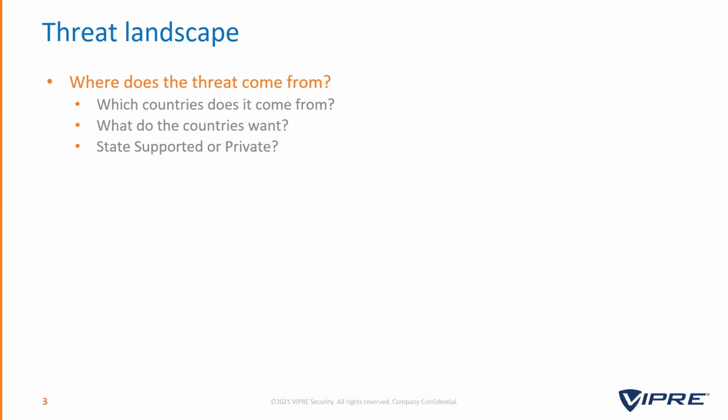That's what we hear. It's the name of the game. But is it true? The numbers I will show in a minute might give you a different picture, because it varies a lot on what the country where the hack comes from wants, and whether it is state funded or private people sitting in a group.